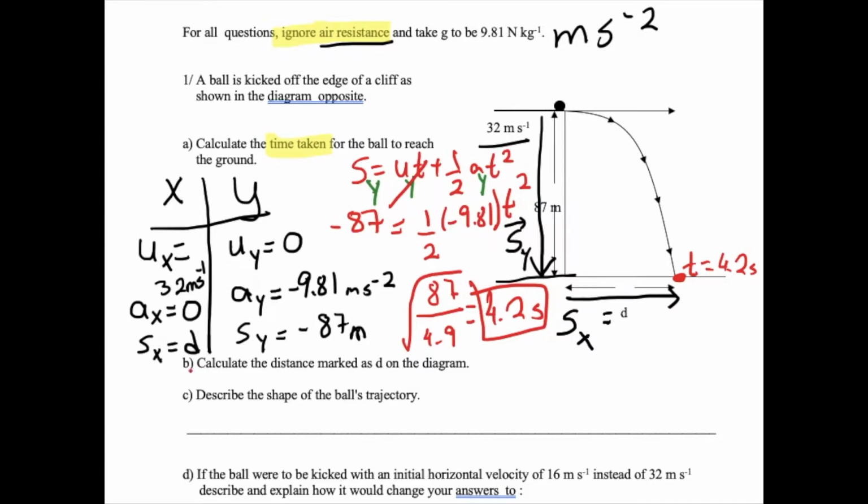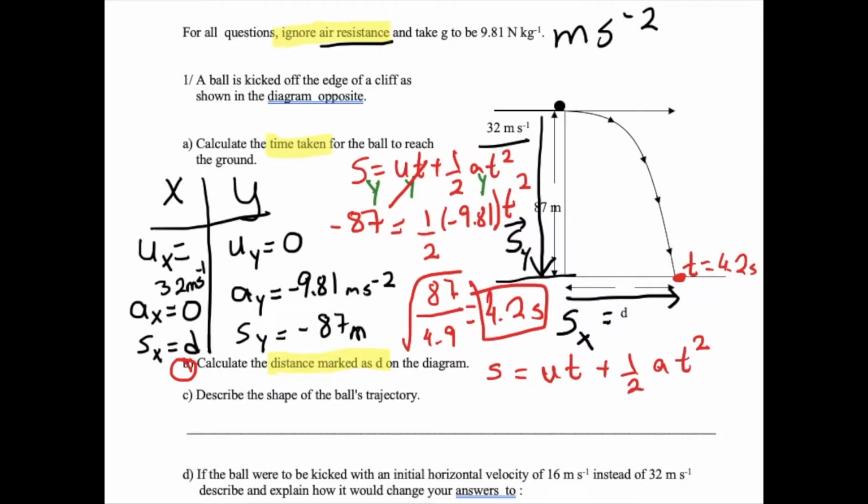For part B, to calculate the distance marked as d on the diagram, now we're looking for d. Now, please realize that this is asking for some information along the horizontal component. So now I'm going to use only the values from the x-axis column. To find d, I'm going to use the same formula actually, s equals ut plus 1/2 at squared.